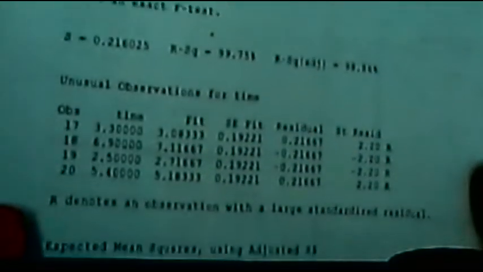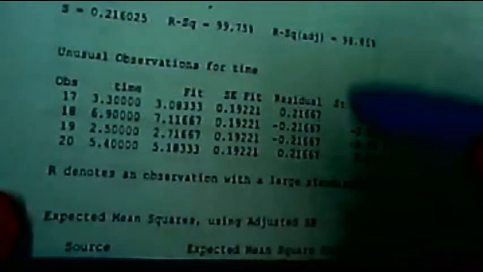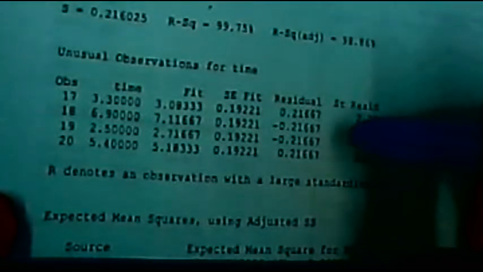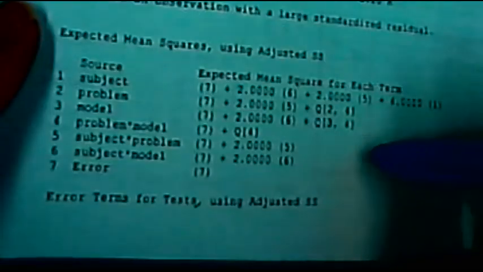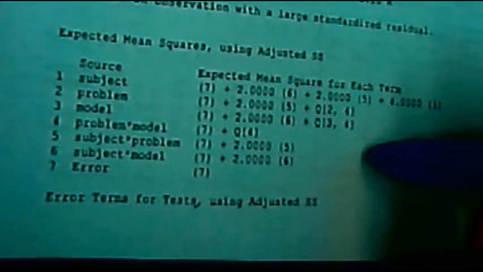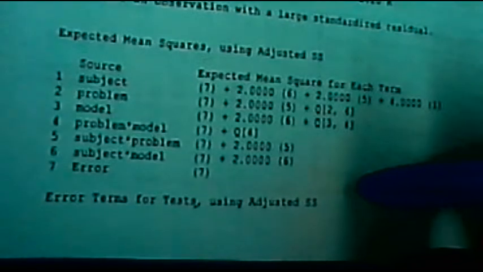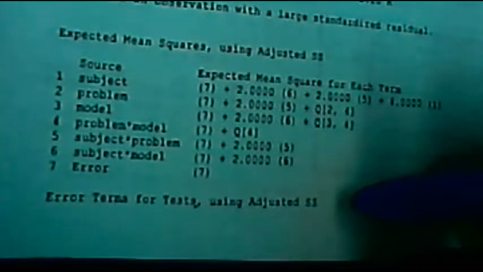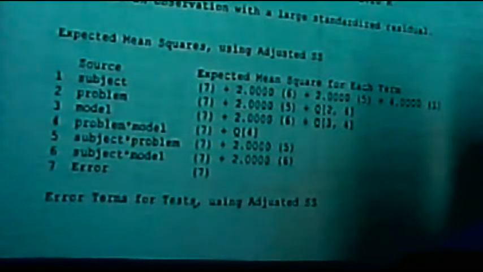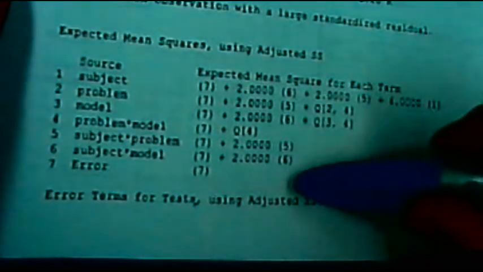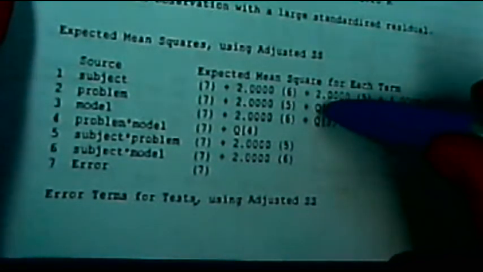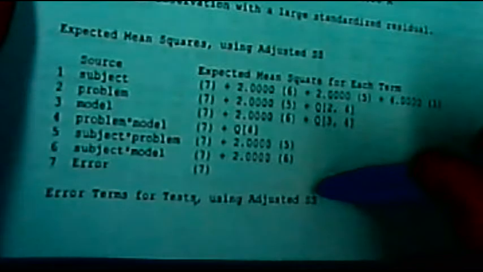So let's look below a little bit and see what we got. That's normal, that's normal. Here's our expected mean squares. So again, you need to visualize these expected mean squares as far as what would be an appropriate denominator.